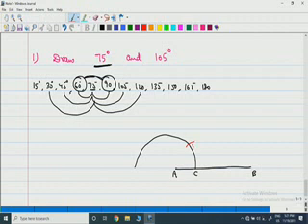Let us say this point is D. Now taking D as the center, we will draw another arc like this, which is E. And with the help of D and E, keeping the same radius, taking D as the center, we will draw an arc over here, and taking E as the center, we will draw an arc over here.